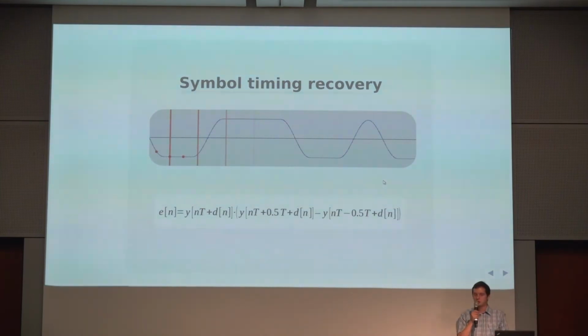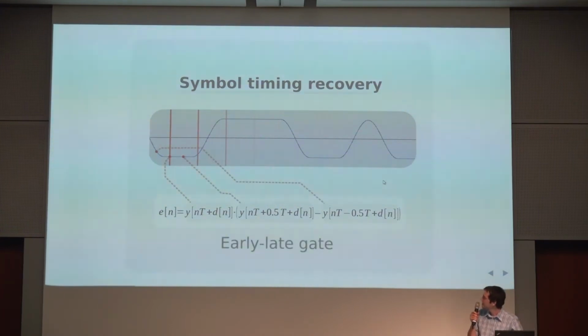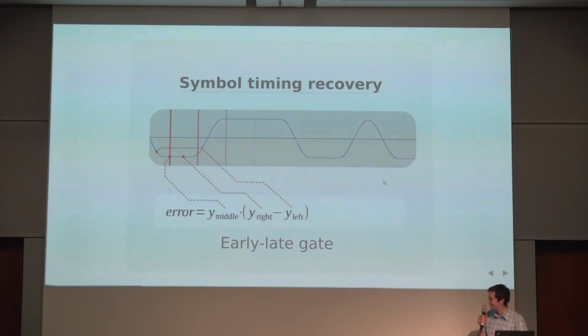This is the formula for the early late gate timing error detector as in textbooks, and it looks a bit creepy, so we don't understand what it does from this one. But if we say that these are these points, this is a simplified formula I've come up with, which is a bit more understandable on how this works.